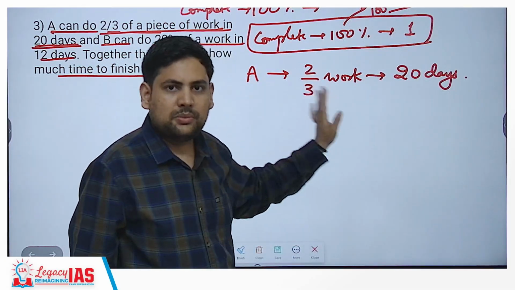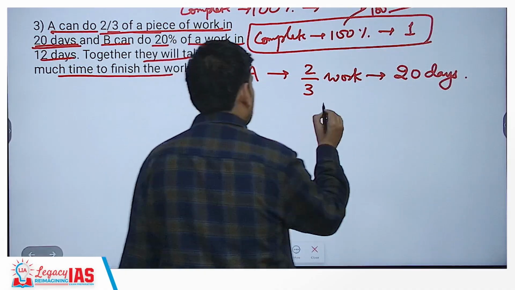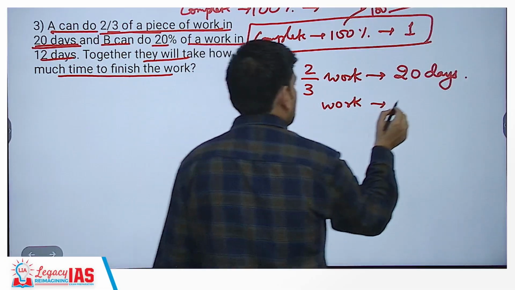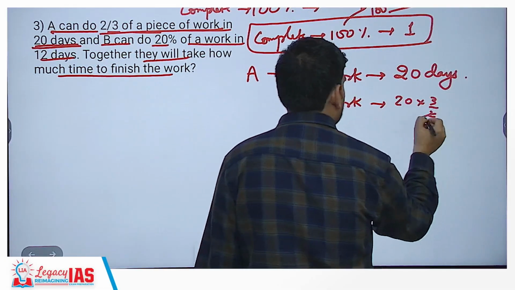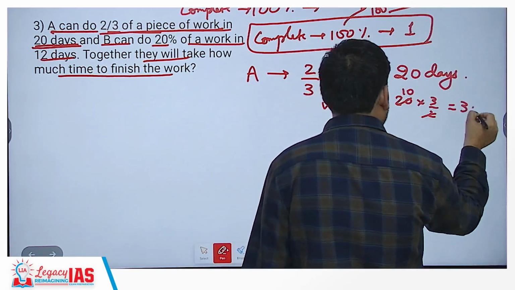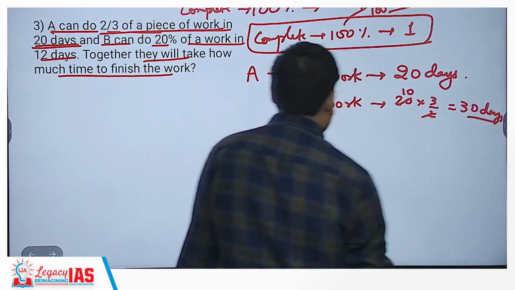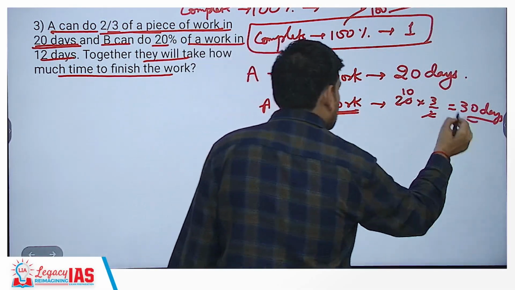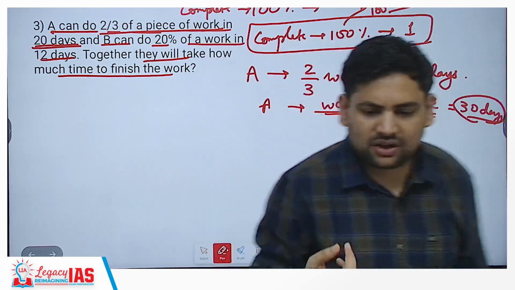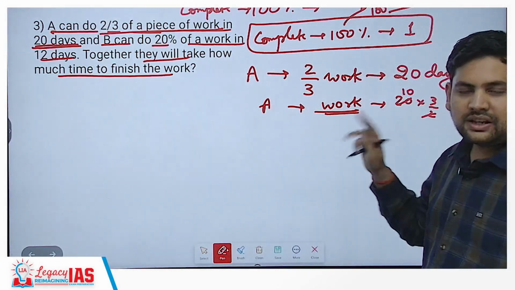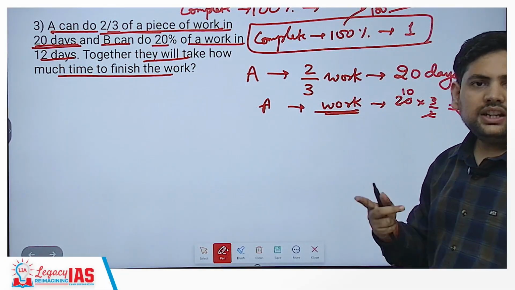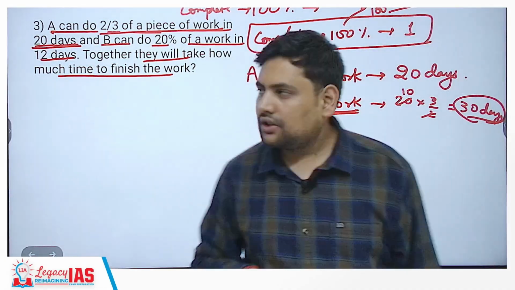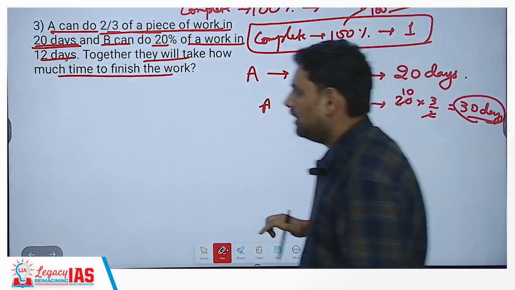So work will come out to be 20 into 3/2, that is 10 into 3, that is 30. That means A completes the entire work in 30 days. Intuitively also you can understand that if A can complete 2/3 work in 20 days, then it will complete 1/3 work in 10 days and the entire work in 30 days. So A completes the entire work in 30 days.